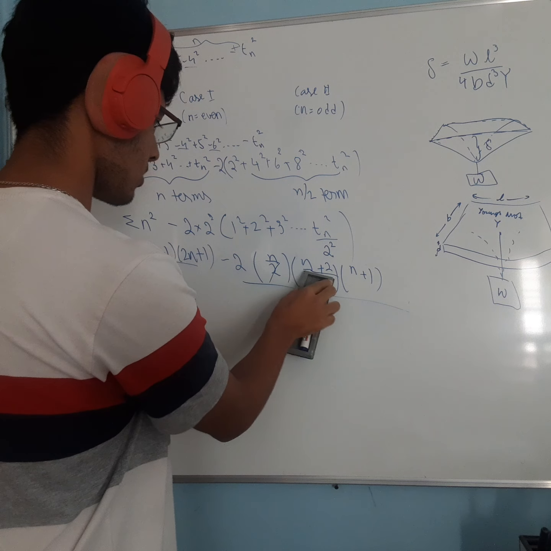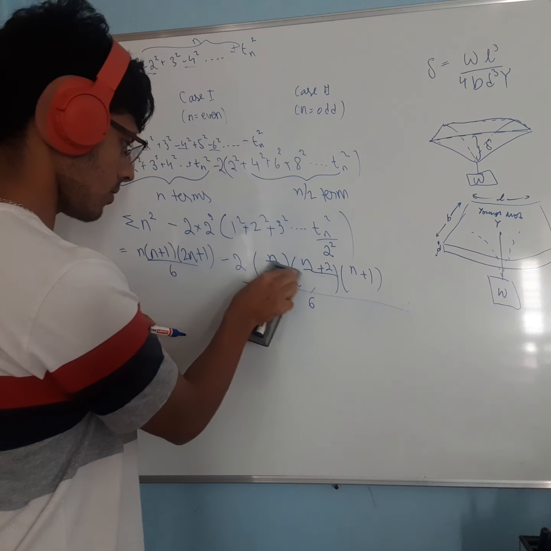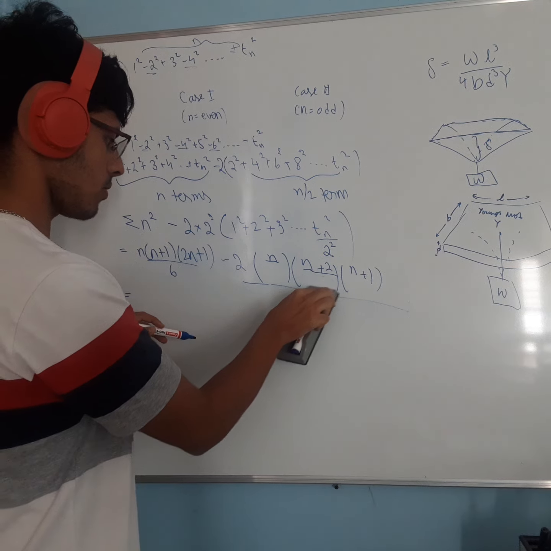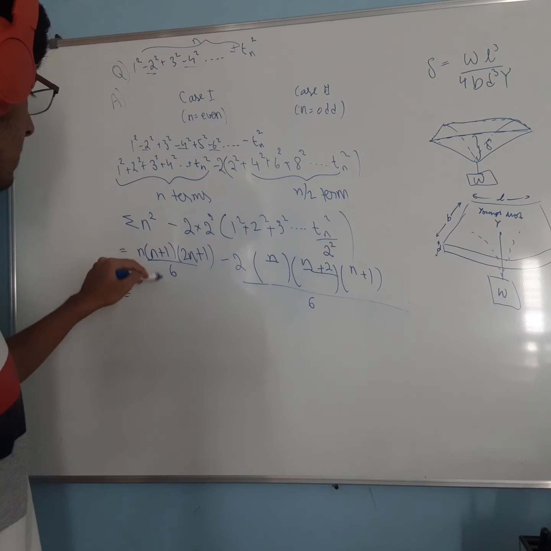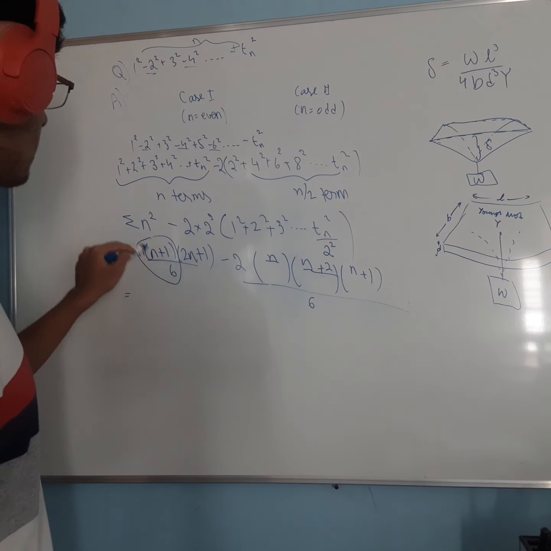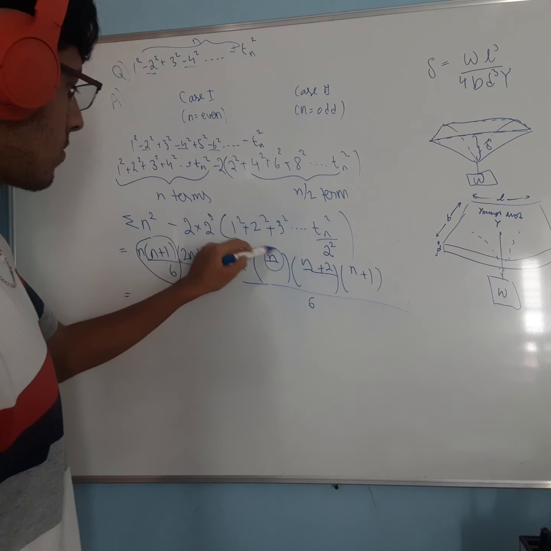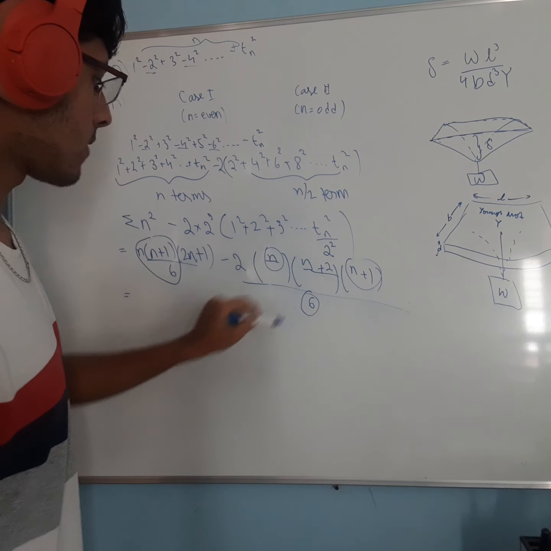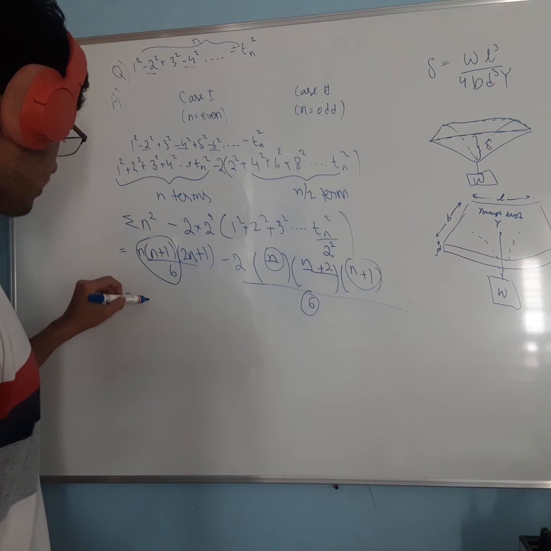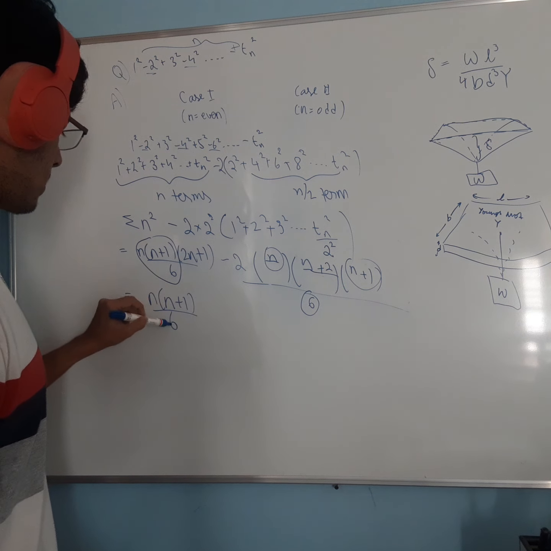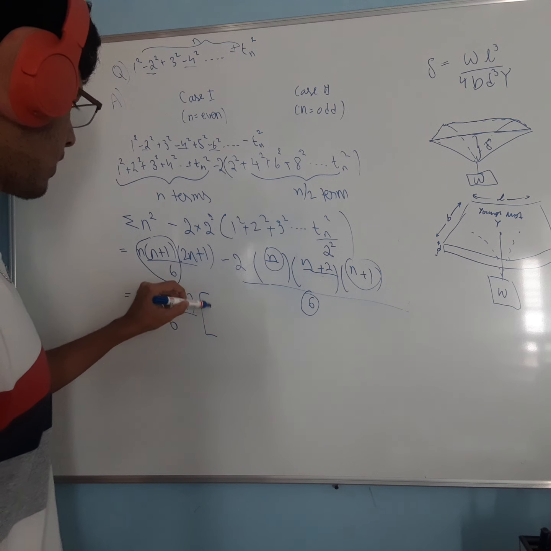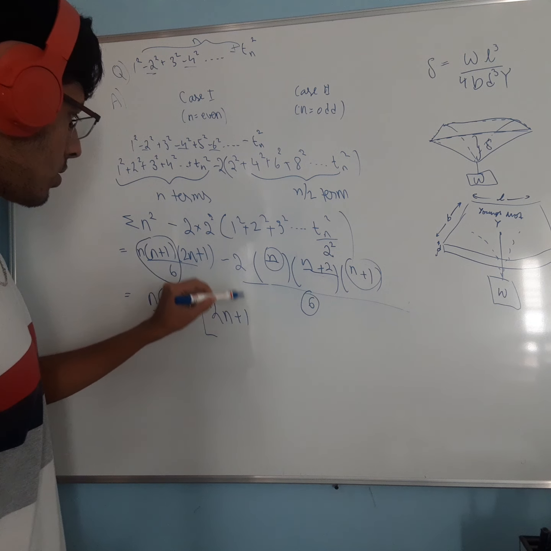And once it's cancelled, I can just erase them. And I can already see that there's n into n plus 1 by 6. This part is common in both of these. So I would take out a common factor, n into n plus 1 by 6 into 2n plus 1.